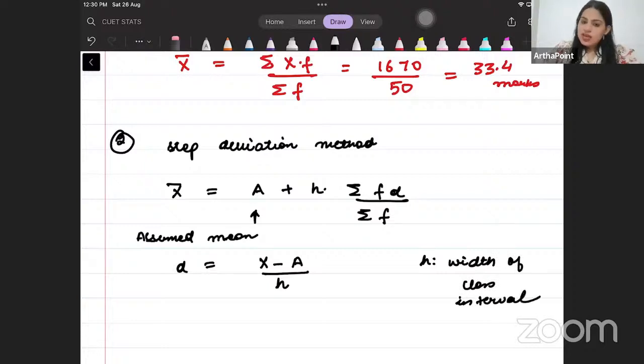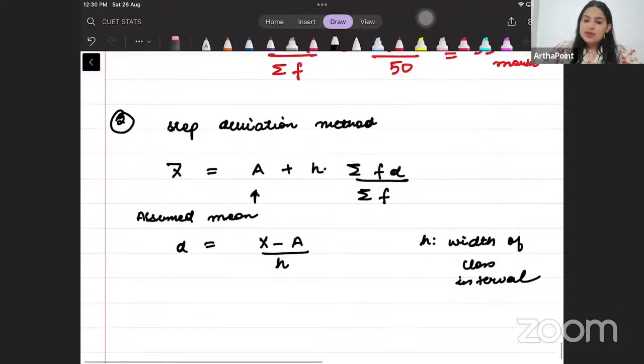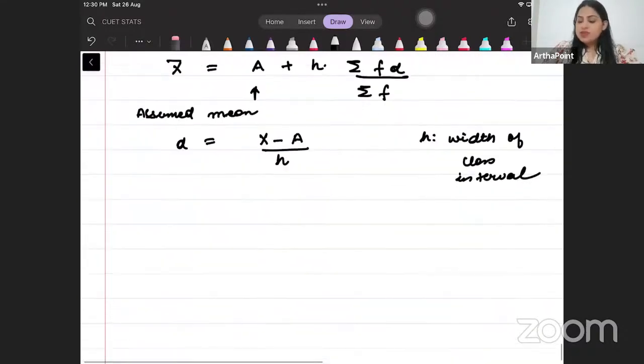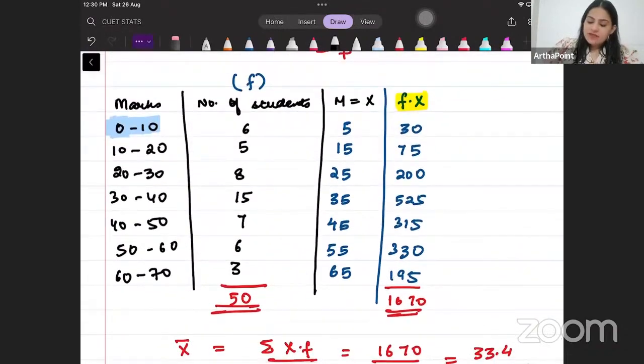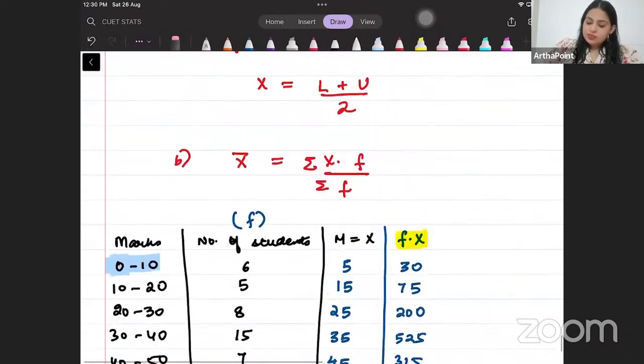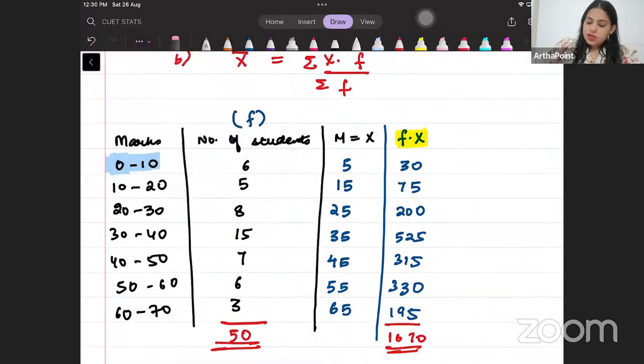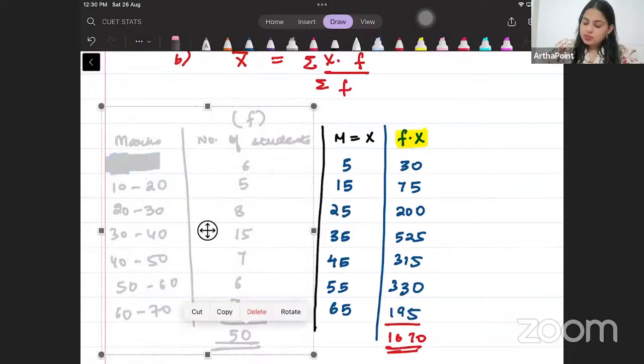Let us try to do the same question using step deviation, and then things will seem easier. So beta, I am taking the same data set that I have. And then we will use the step deviation method.